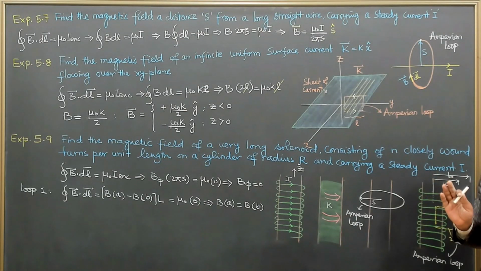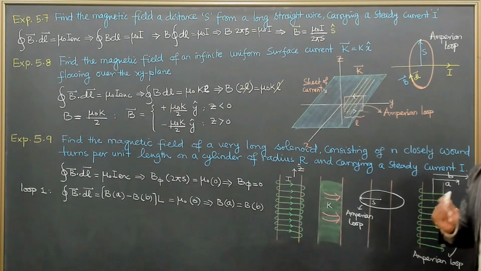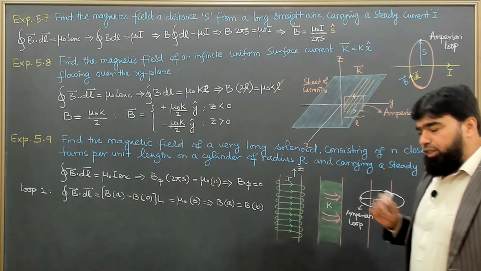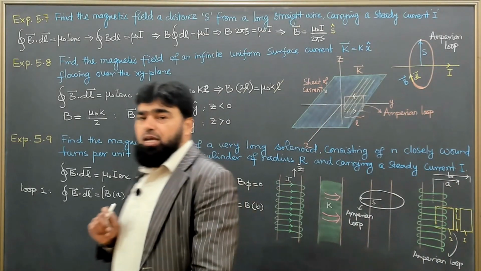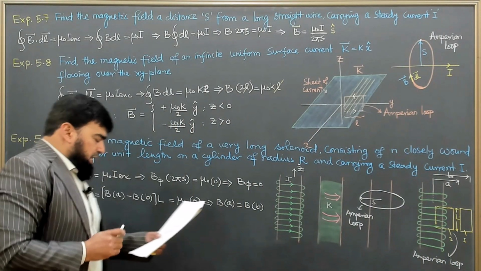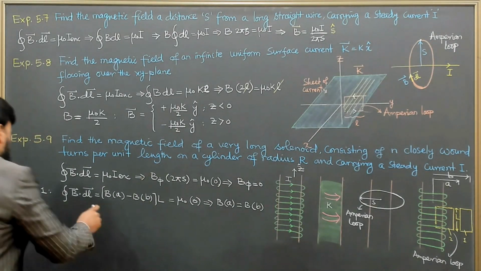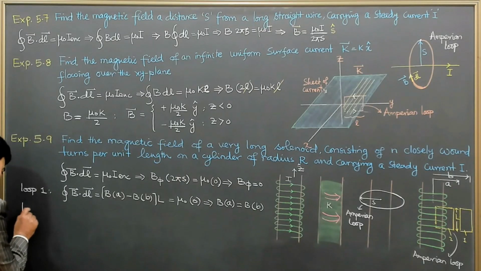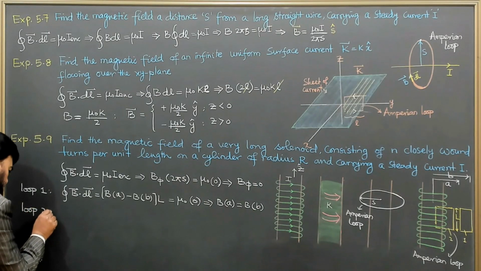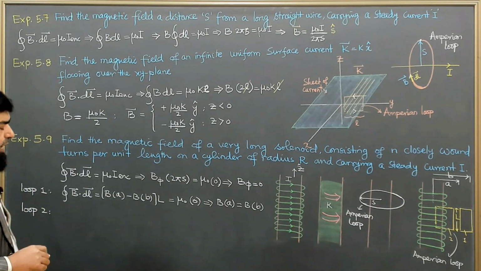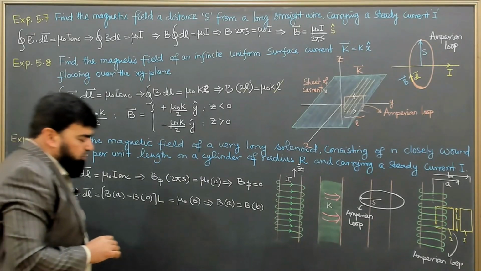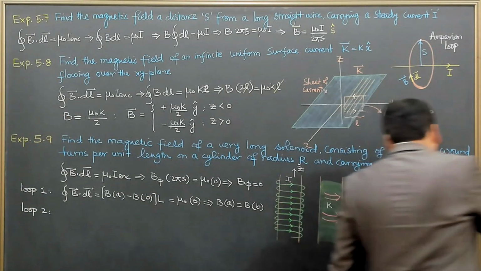And that situation is that the magnetic field is 0 outside, and that's why we have the two points with the same value, and that same value is basically 0 there.